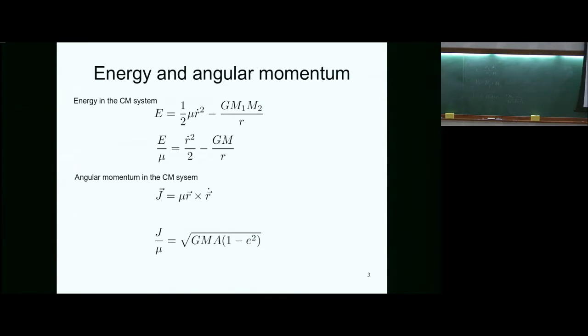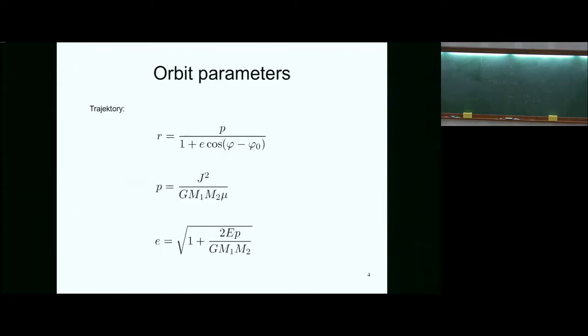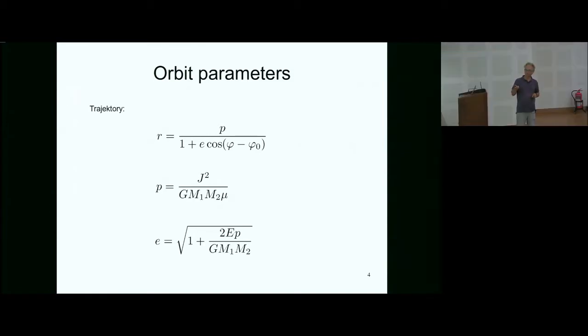Just for completeness, if you want to know exactly how the motion on an elliptical orbit proceeds, it's good to know the formula for the trajectory as a function of such parameters as energy and the angular momentum.